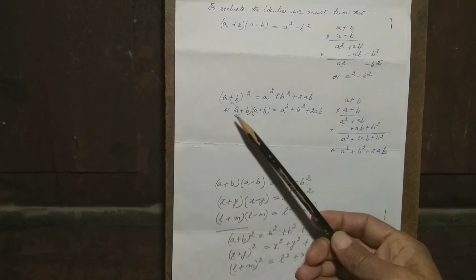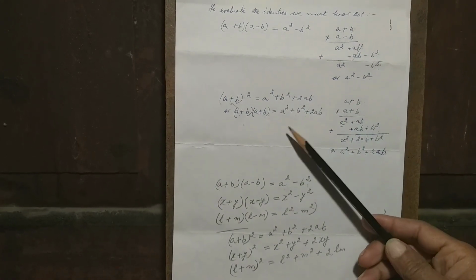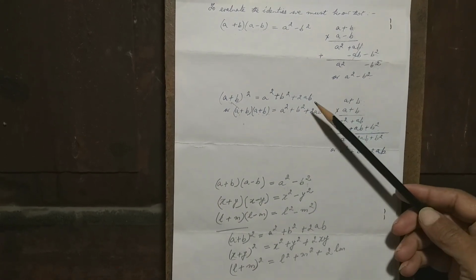B with a gives us again ab, and b with b gives us b square. Adding these, we get a square, one ab and another ab gives us 2ab, and b square. So a plus b multiplied with a plus b gives us a square plus b square plus 2ab.